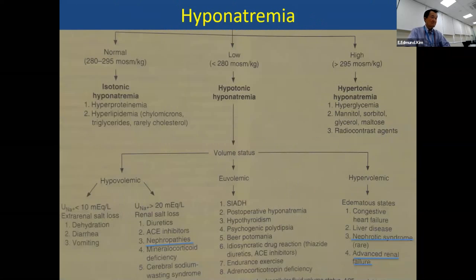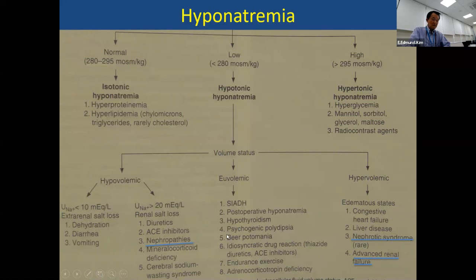So first, hyponatremia, which is a common clinical problem. Depending on the amount, we have lots of differential diagnosis: isotonic, hypertonic, and hypotonic.